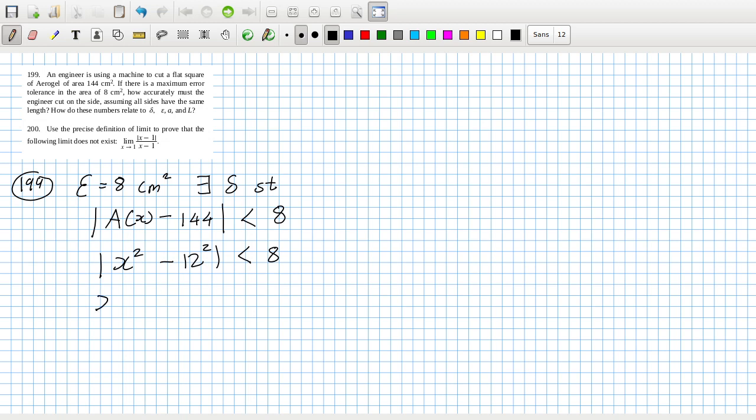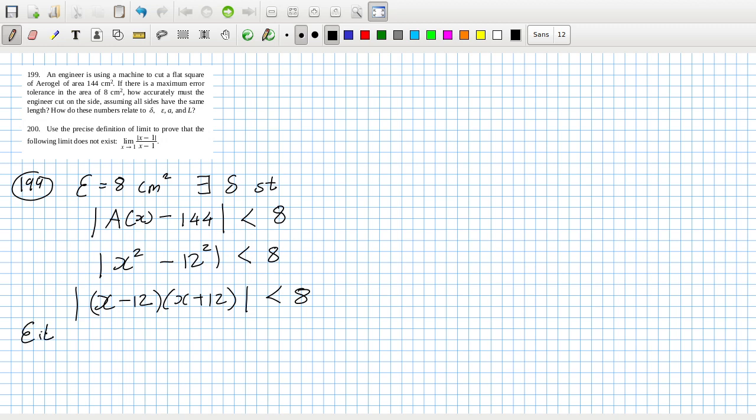I could have x minus 12 times x plus 12 absolute less than 8. I have to think about. I'm so tired. What's the best way to solve this? I really don't want to resort to squaring both sides. So we'll consider the situation.